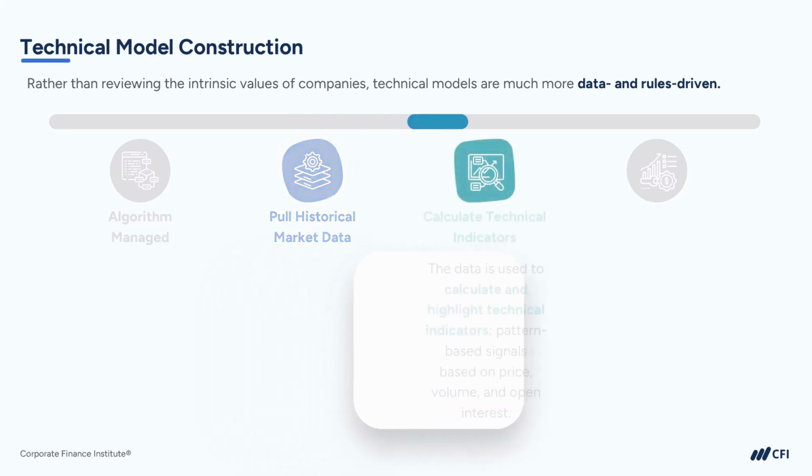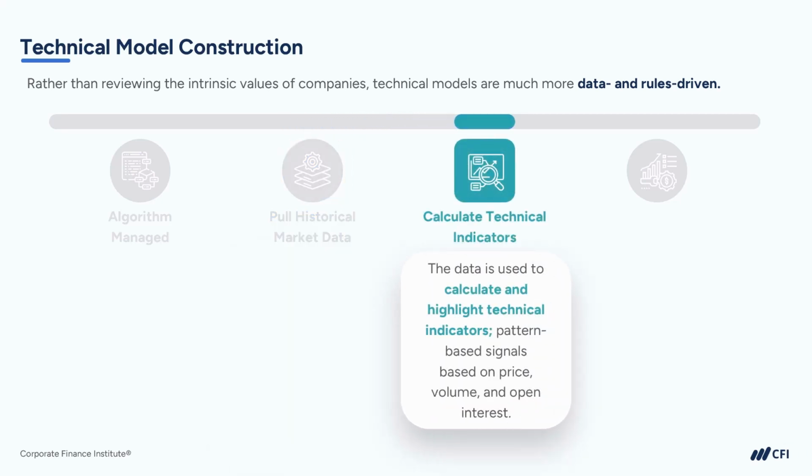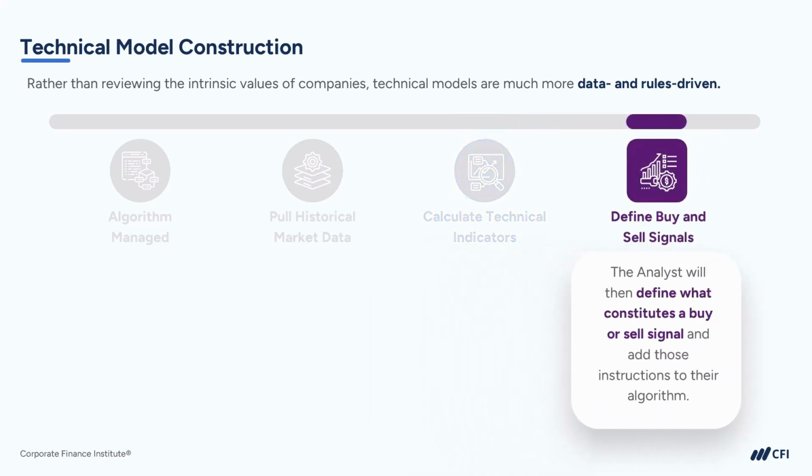This data is then used to calculate and highlight a number of technical indicators, which are pattern-based signals produced by the price, the volume, and the open interest of a security or a contract. The analyst will then define what constitutes a buy or a sell signal and add those instructions into their algorithm.